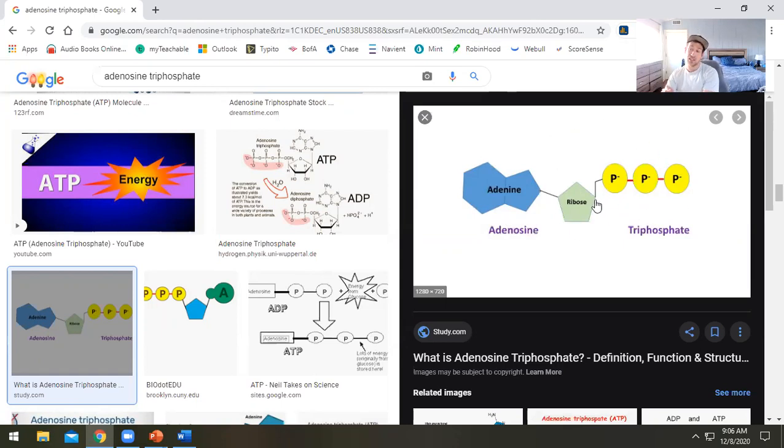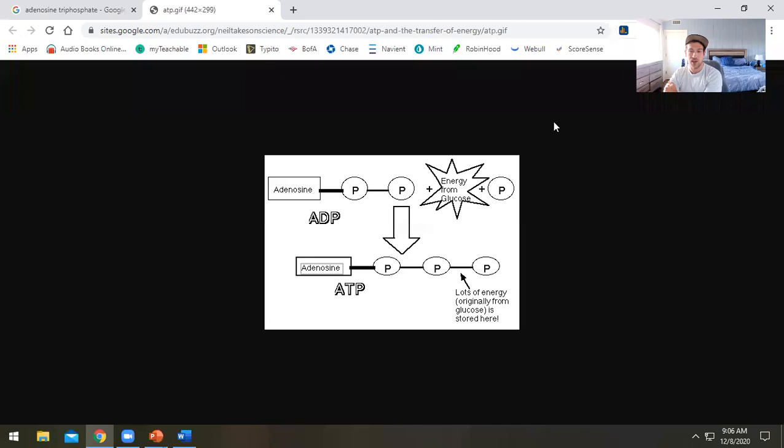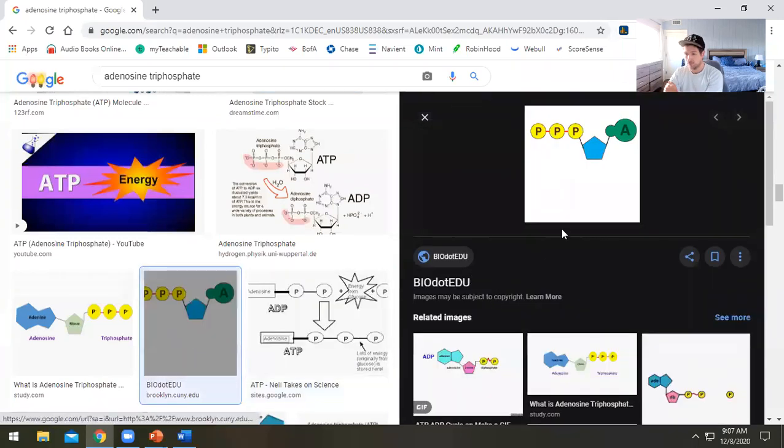And then when it needs a little bit of energy, it'll break this phosphate off, and convert it into what we call ADP, adenosine diphosphate. So you're left with an empty phosphate and a molecule of adenosine tied to 2 other phosphates. Meanwhile, a bunch of energy is released. Your body captures that energy and uses it to do work.